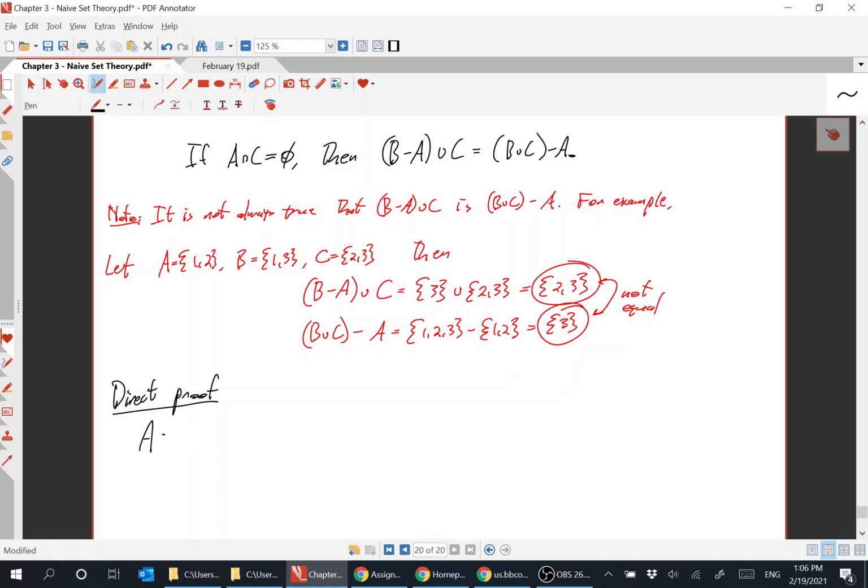So assume that the hypothesis is true: A intersection C is the empty set. Now, subject to that assumption, what do we need to prove is true?